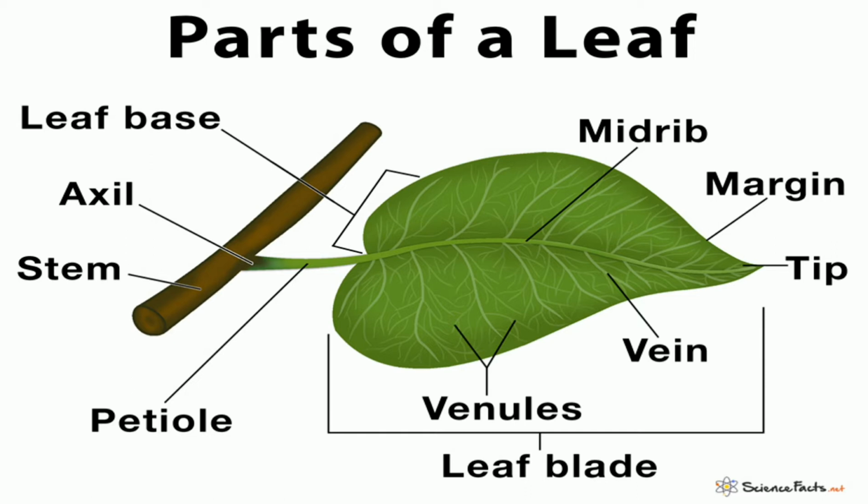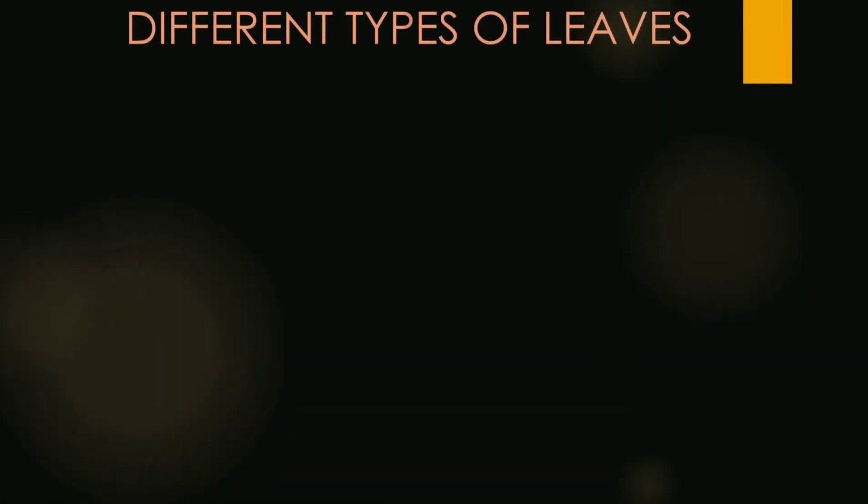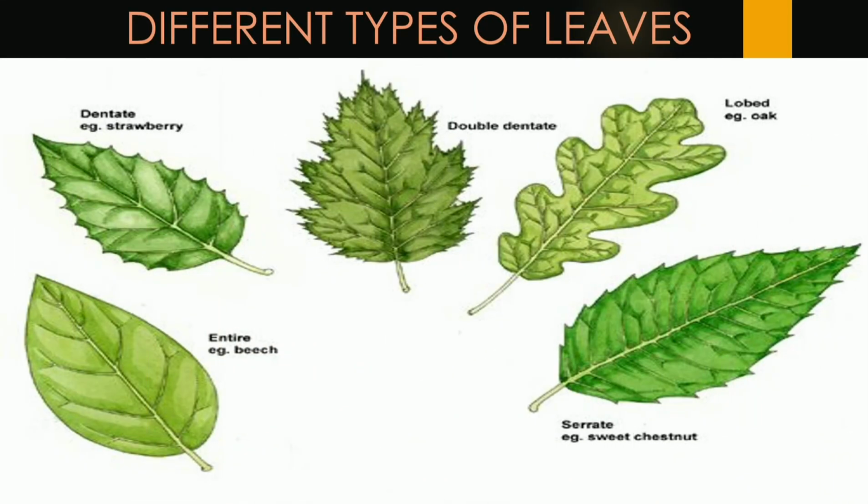Then, the types of leaves. Here in the picture we are seeing the different types of leaf margin: dentate, entire, and lobed.